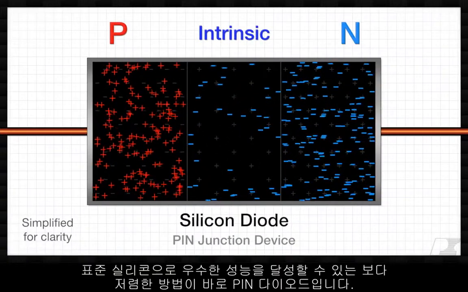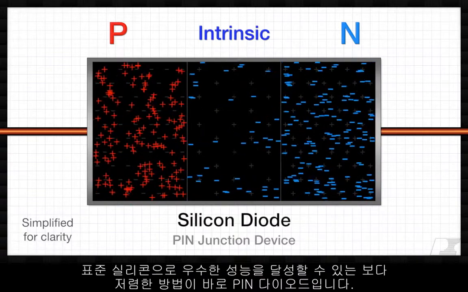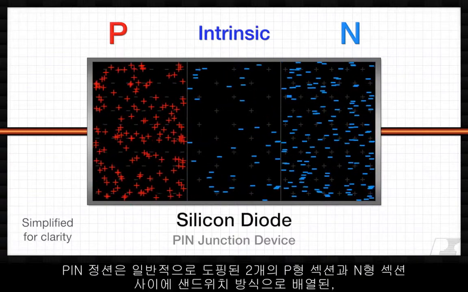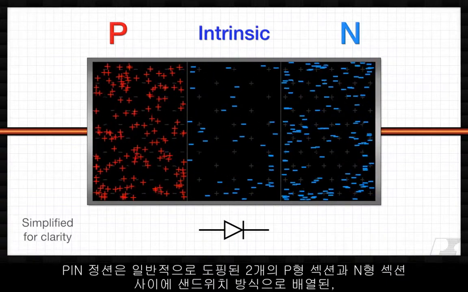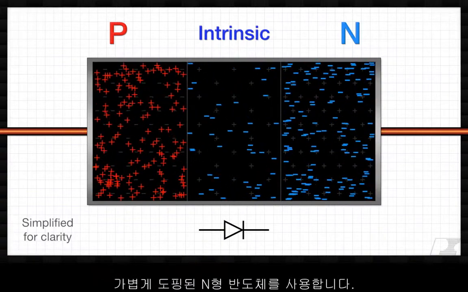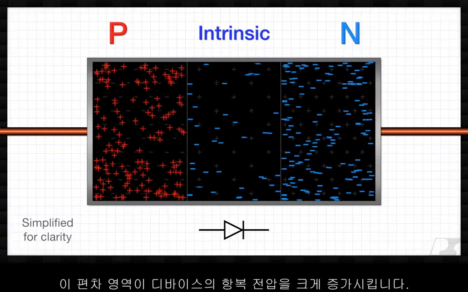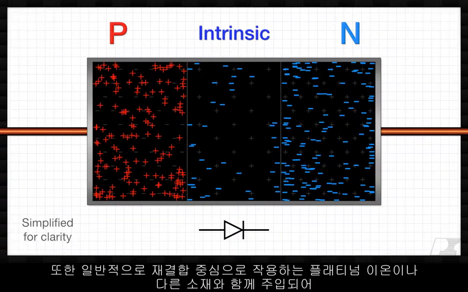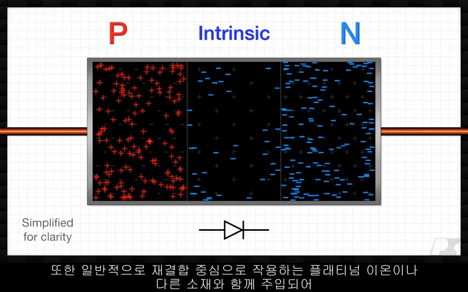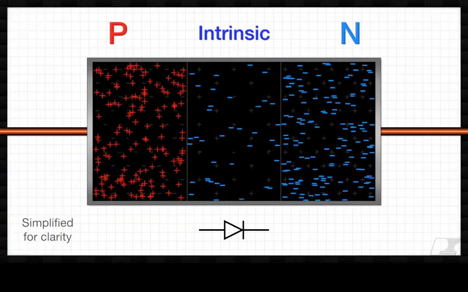A less expensive way to achieve good performance with standard silicon is the p-intrinsic N diode. The PIN junction uses a lightly doped n-type semiconductor sandwiched between two regularly doped p and n-type sections. This drift region significantly increases the breakdown voltage of the device. It's also typically injected with platinum ions or other materials that act as recombination centers to help reduce minority carrier lifetime.